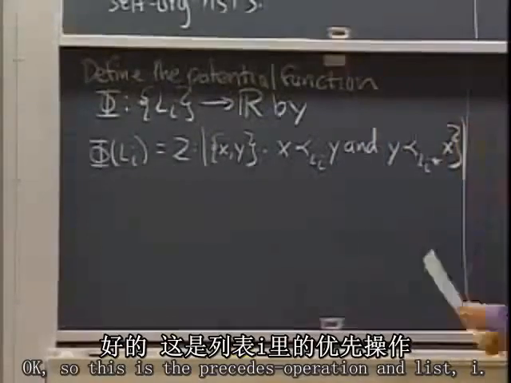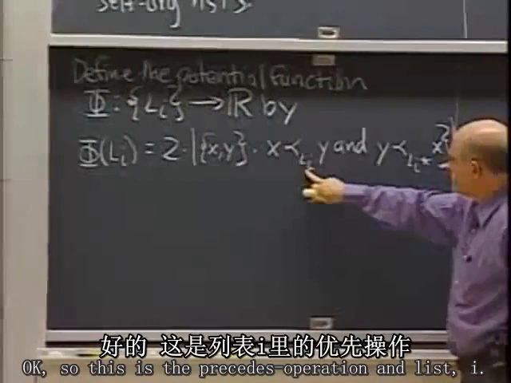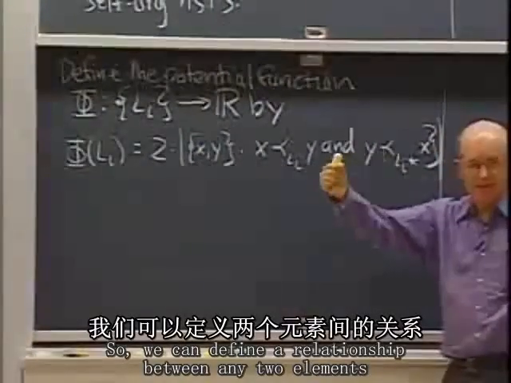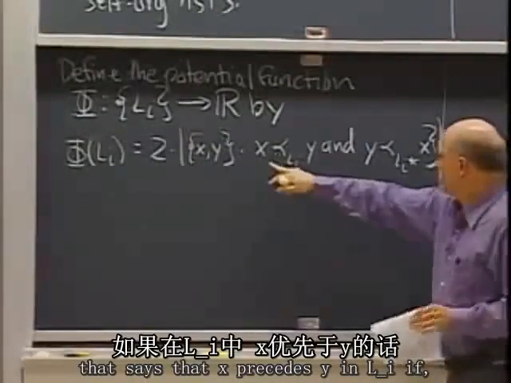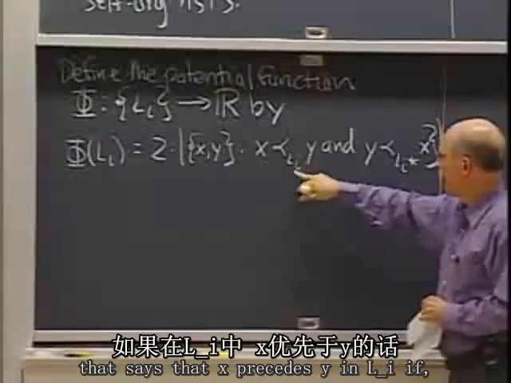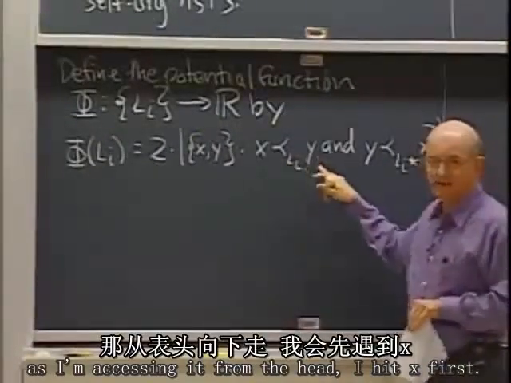Okay, so this is the precedes operation in list i. So you can define a relationship between any two elements that says that x precedes y in L sub i if as I'm accessing it from the head, I hit x first.